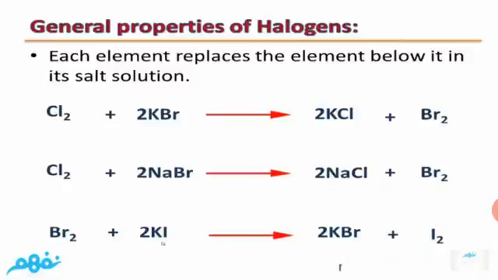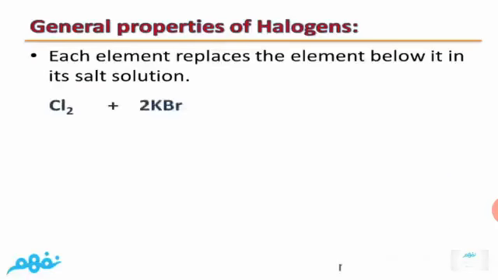The same in the case of bromine with potassium iodide, where bromine is more active than I, and I is below bromine in order, so bromine can replace iodine.